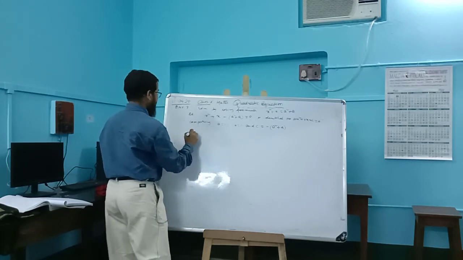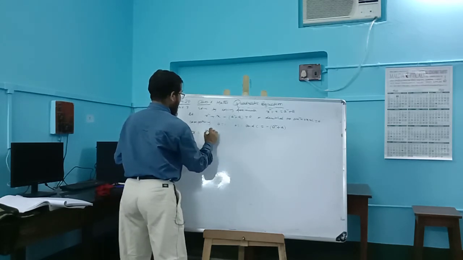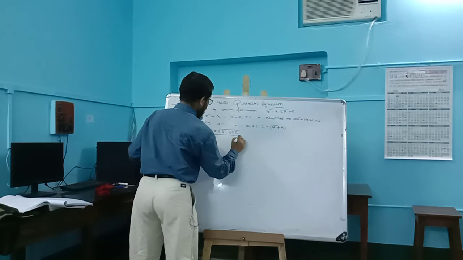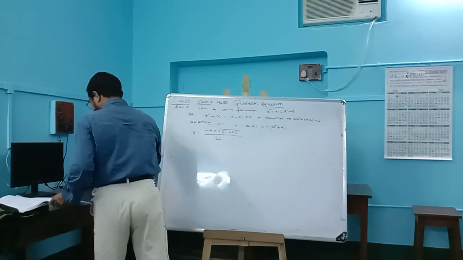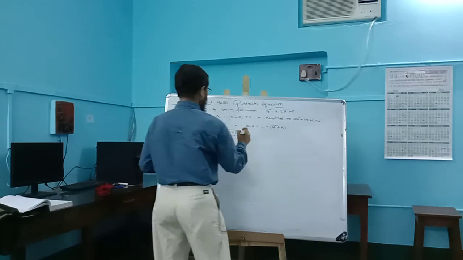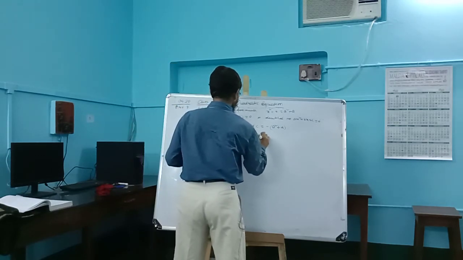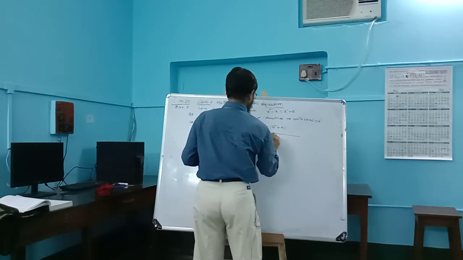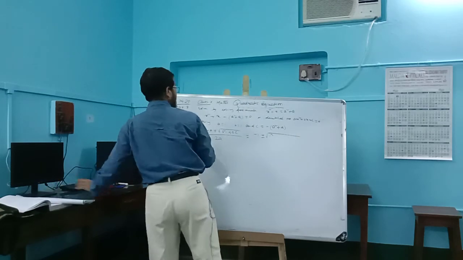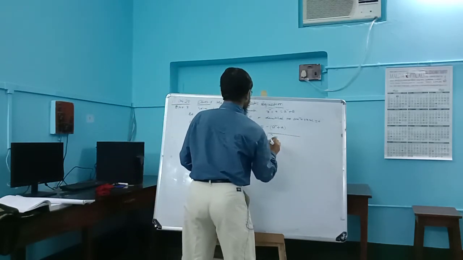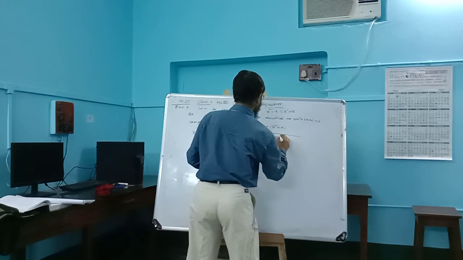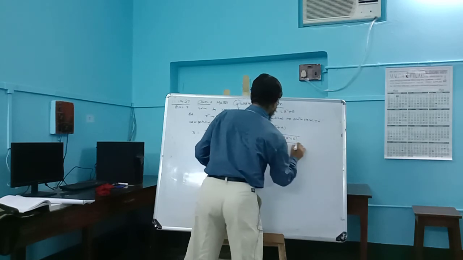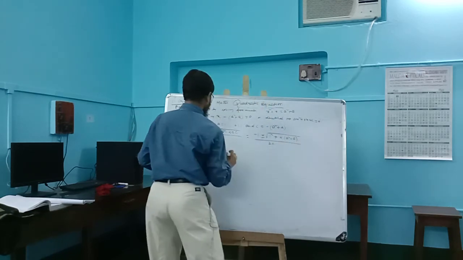Therefore, x equal to minus b plus minus root over b square minus 4ac by twice a, that's equal to minus 1 plus minus root over 1 square minus 4 into 1 into minus (a square plus a) by 2 into 1.